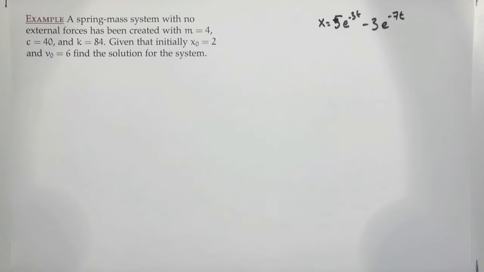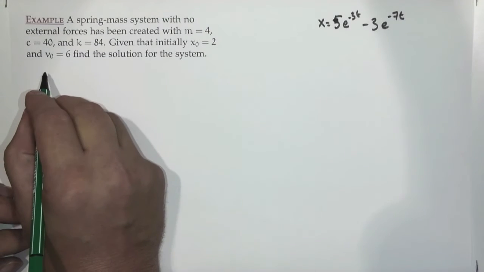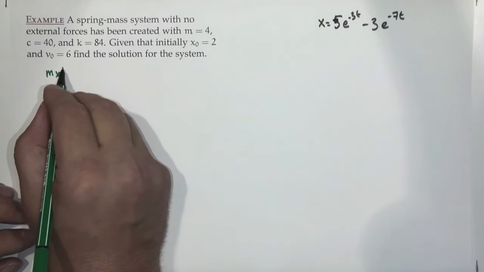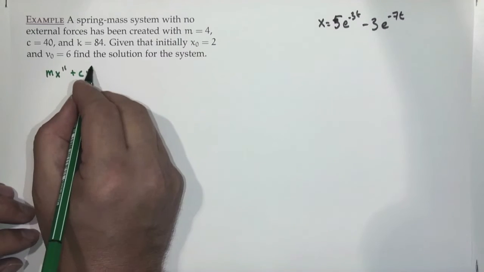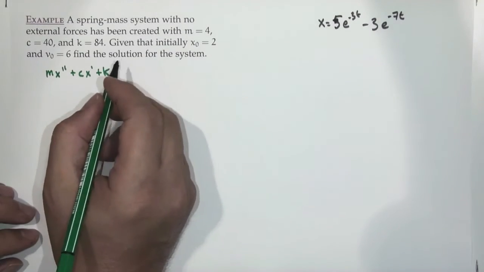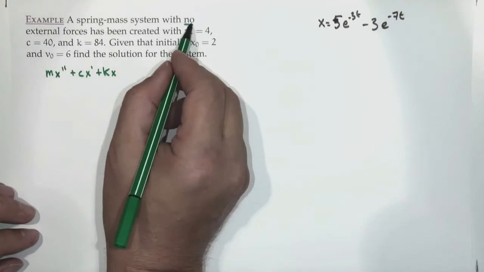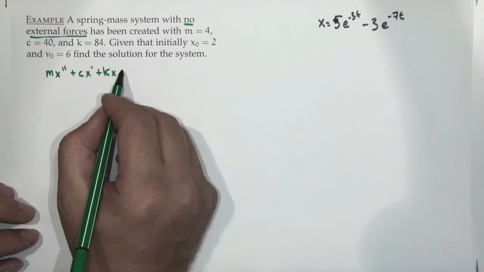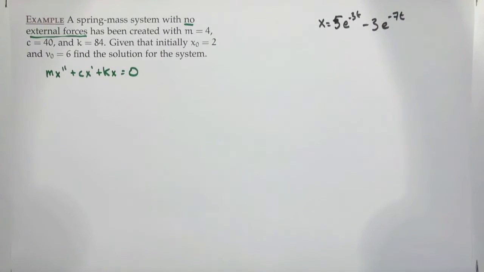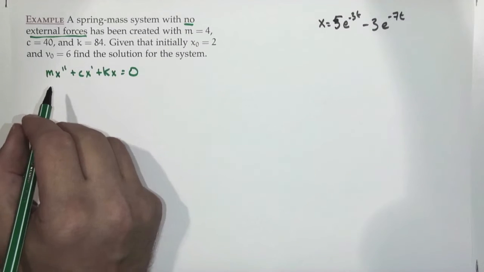Let's find out. So we just repeat the process, right? We know it's a mass spring system. mx double prime plus cx prime plus kx equals 0, because it tells us no external forces. And then we say, all right, let's figure out what these coefficients are. Oh, they tell us, so that's nice.